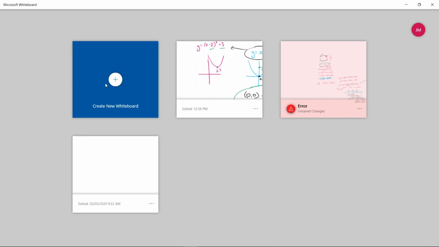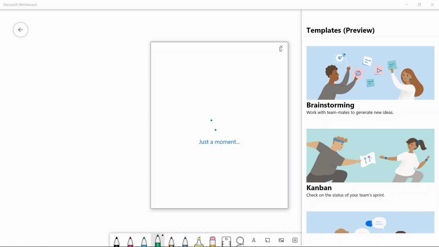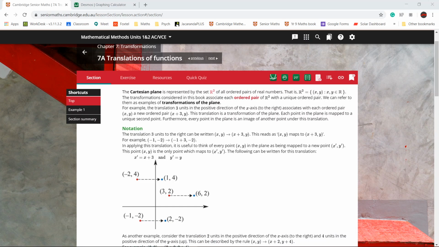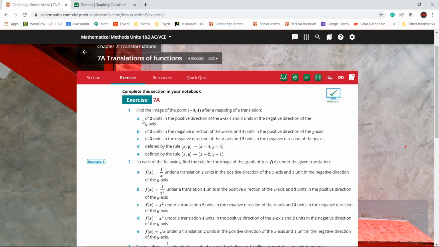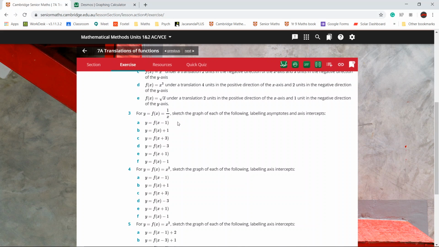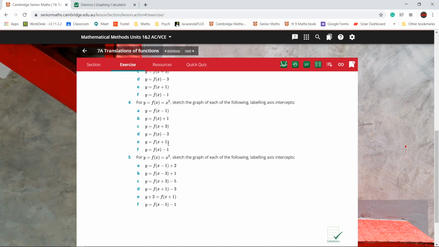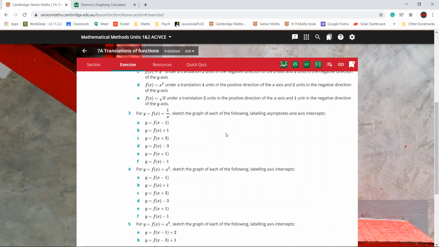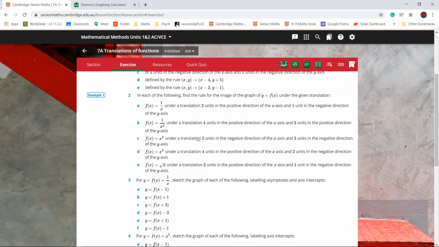Let's clear all this. So let's look at some of the questions from exercise 7a and see how tricky they can actually get. We've got original functions here. These are both parabolas. Sketch the graphs of the following, labeling axes and intercepts, asymptotes, y-intercepts, and talking about what sort of translations might be happening.